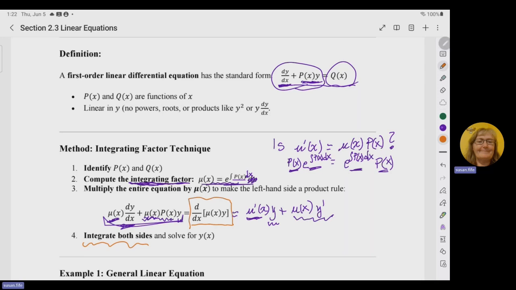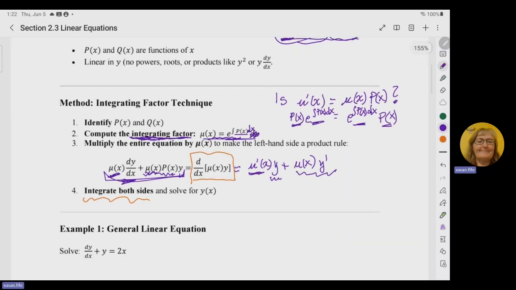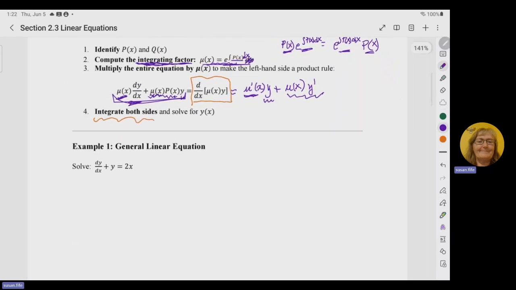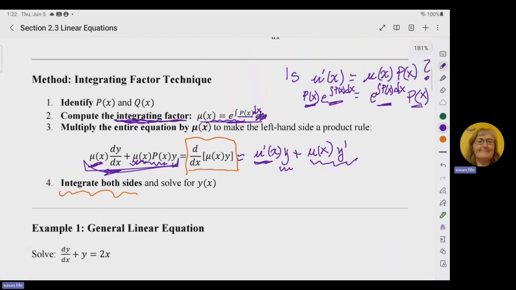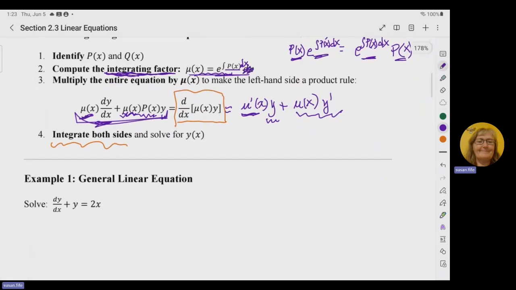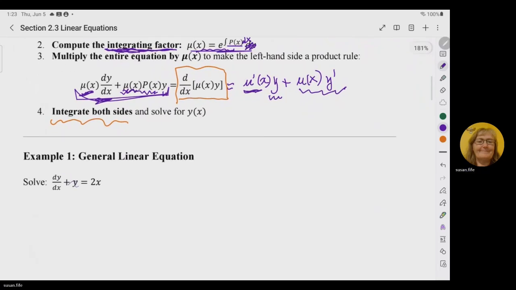So let's see how that actually works. Notice that here we have the general form for a linear equation. We've got dy over dx plus p of x times y equals q of x.